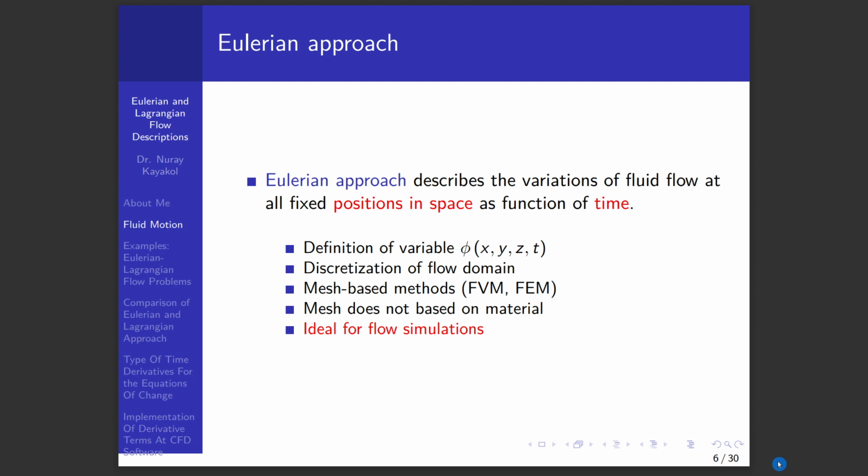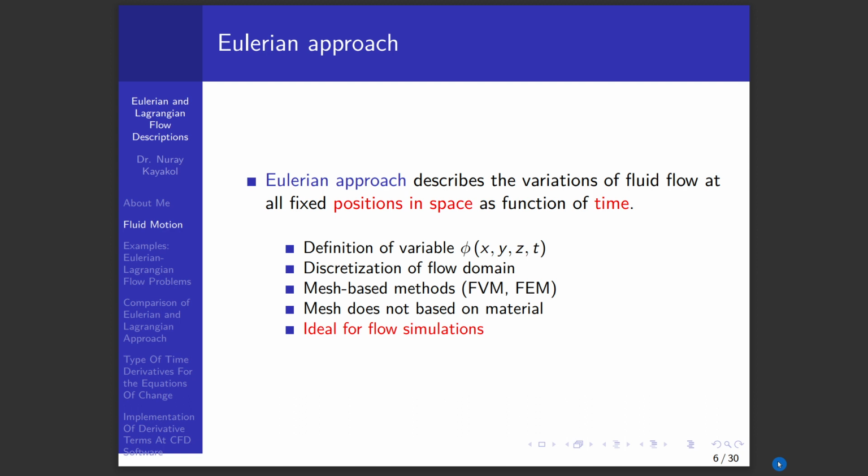If you talk about the location of a variable, that means the flow domain is discretized. This tells us mesh. So how do you discretize the flow domain? First of all, you have a geometry.